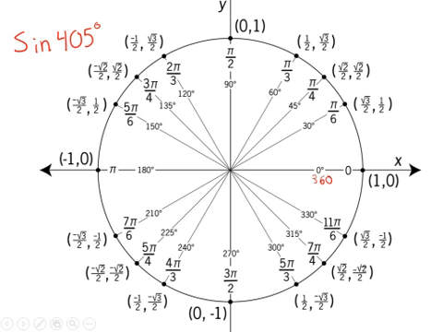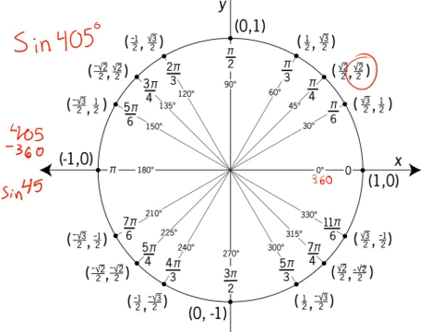So if you're more than 360, you subtract 360 from your degree. I get 45, so the sine of 405 is the same as the sine of 45, which is root 2 over 2.